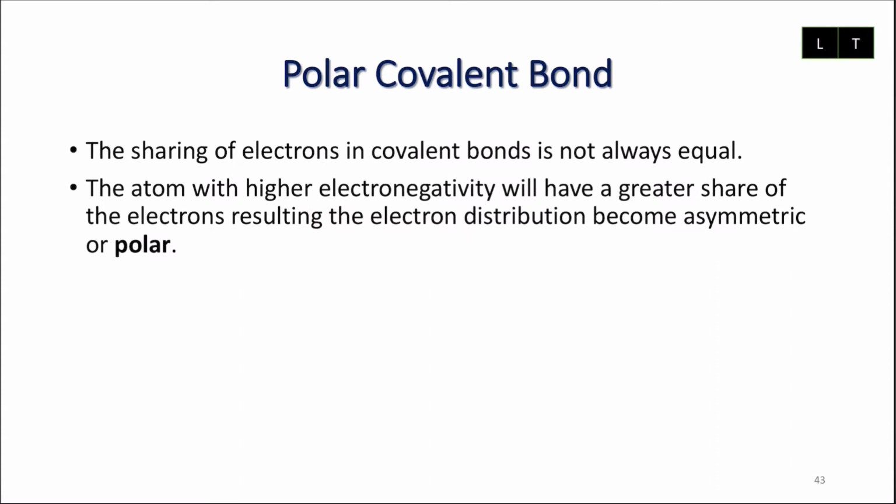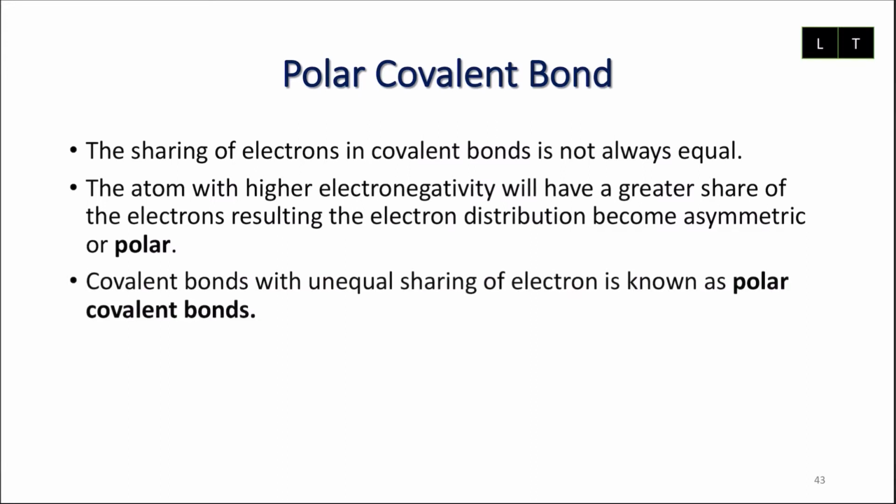That is why greater share electrons akan ke arah atom yang mempunyai higher electronegativity, which results a polar bond. So we can conclude that covalent bonds with unequal sharing of electron is known as polar covalent bond.